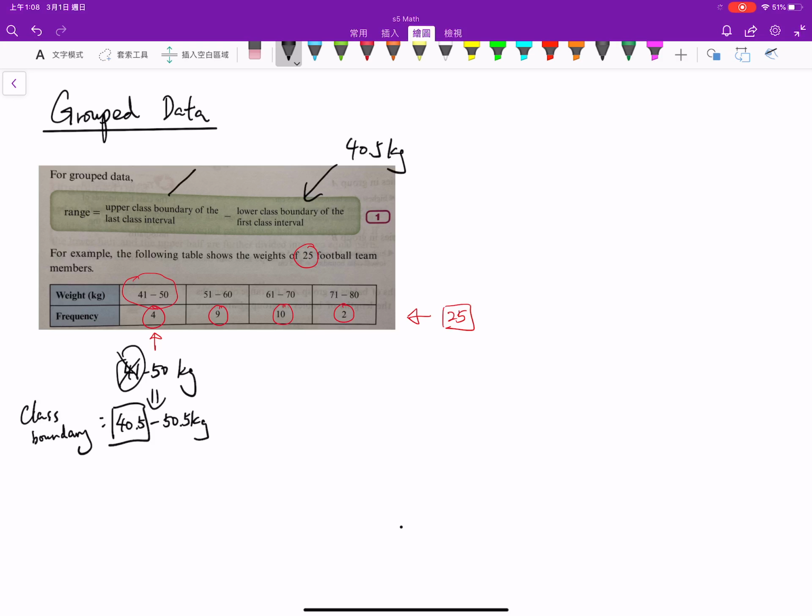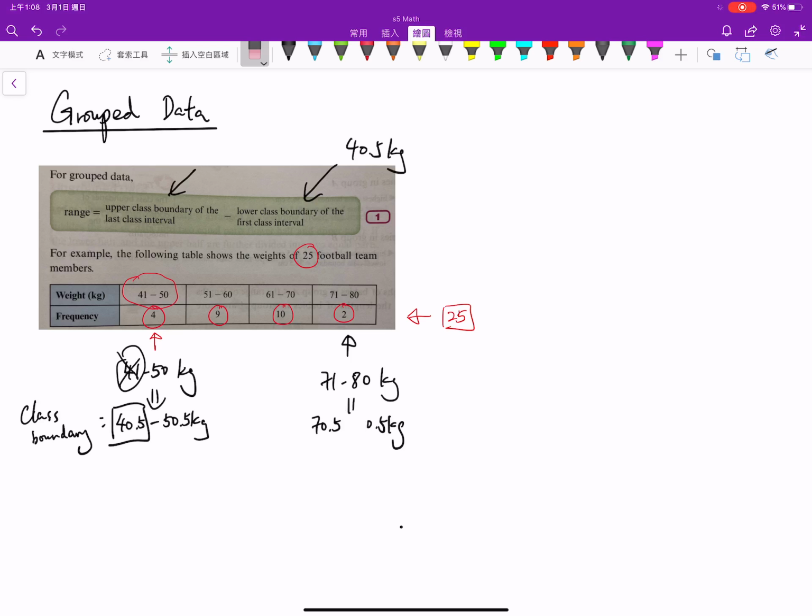Then what is the upper class boundary of the last class interval? That means we are going to find the maximum. So we look at this one. The class 71 to 80 kg goes to the class boundary 70.5 to 80.5 kg.